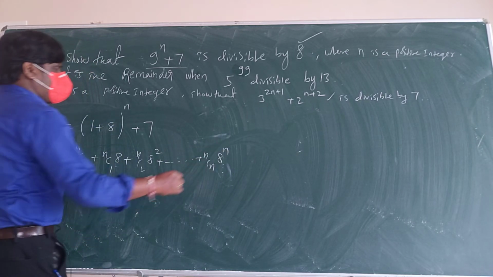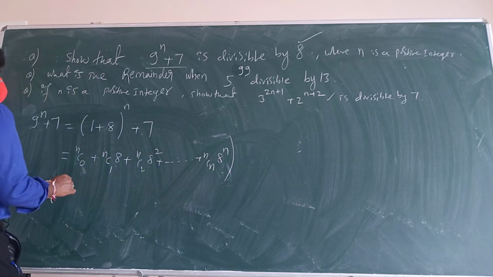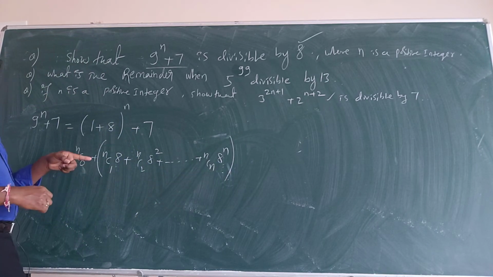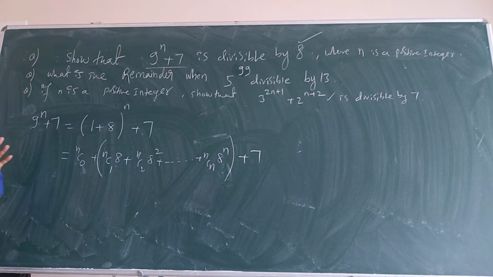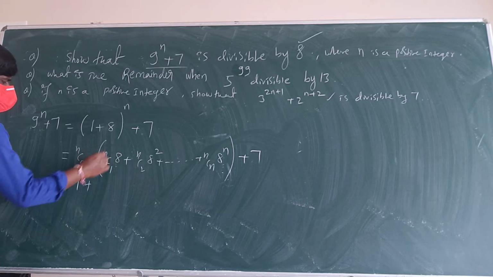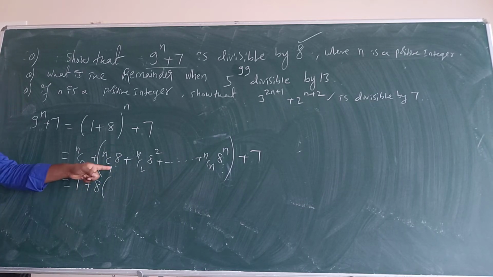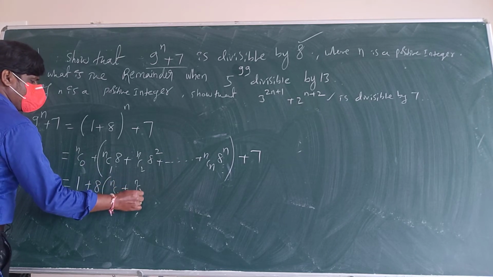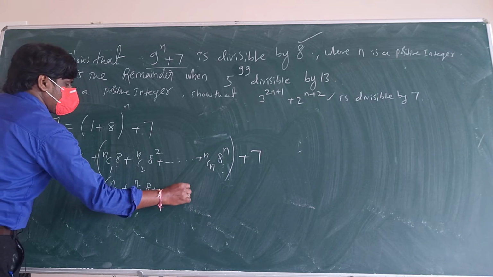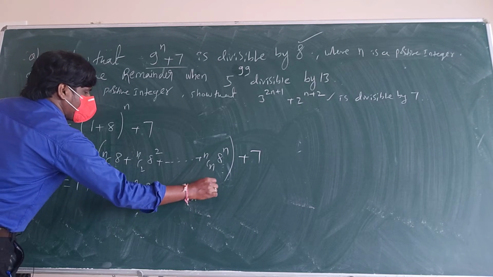And in this whole thing, 8 is common. Plus 7. nC0 is 1. And this whole part is divisible by 8, I can take 8 common: nC1 plus nC2 8 plus so on, nCn 8 power n minus 1.